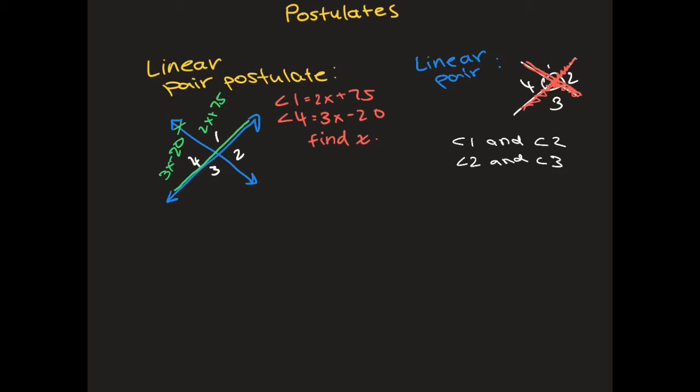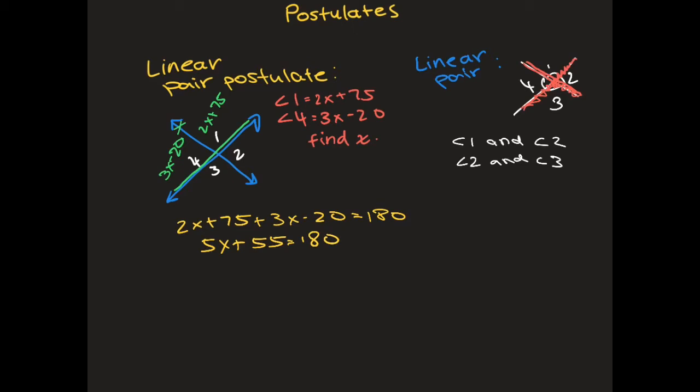Our next step is 2x plus 75 plus 3x minus 20 is equal to 180. Now we add like terms: 3x plus 2x is 5x, and 75 minus 20 is 55, so 5x plus 55 is equal to 180.